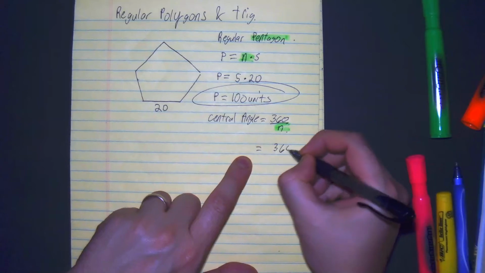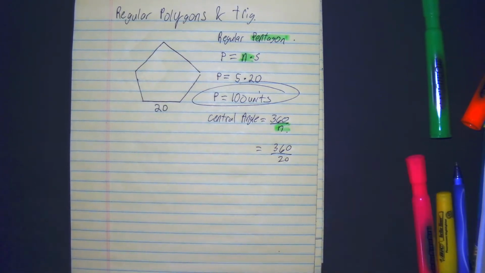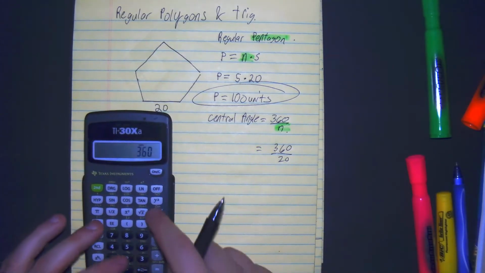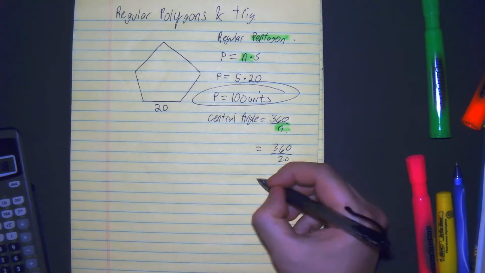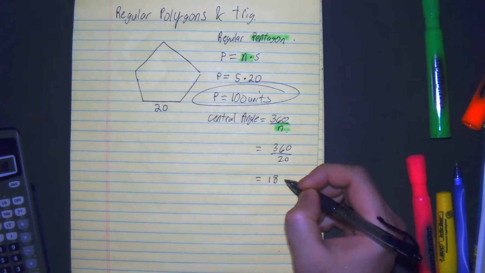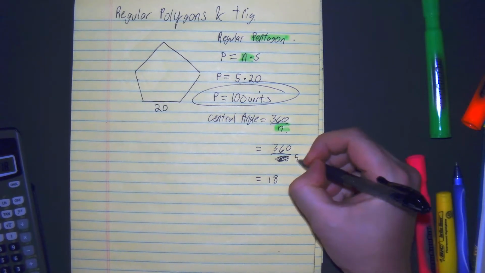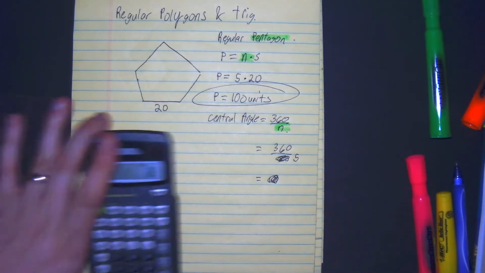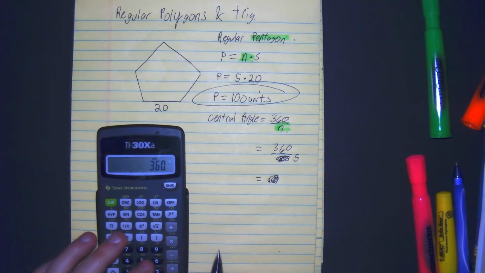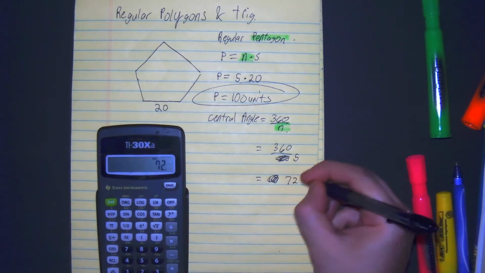So we have 360 divided by 20, get 18. Or, why did I choose 20? Divided by 5, that's my fault. 360 divided by 5 gets you 72 degrees.